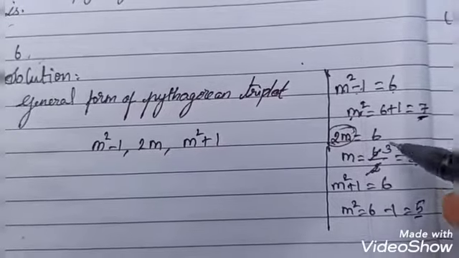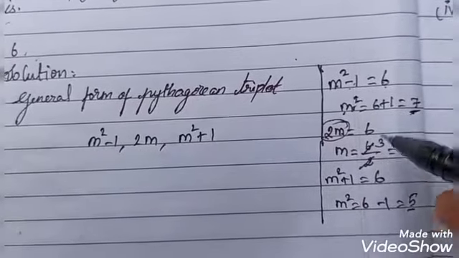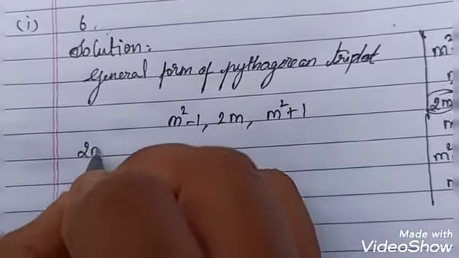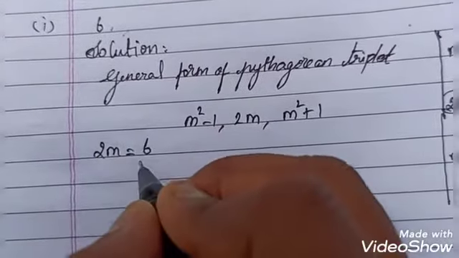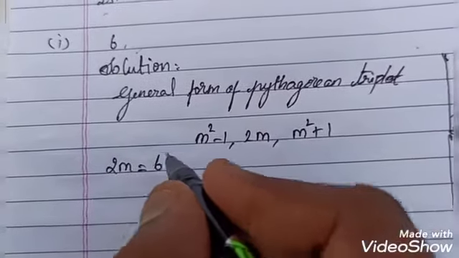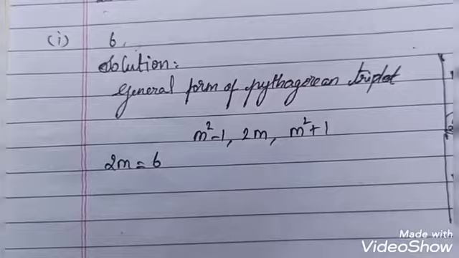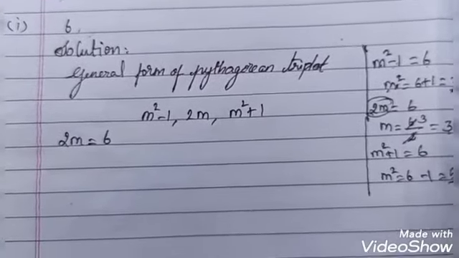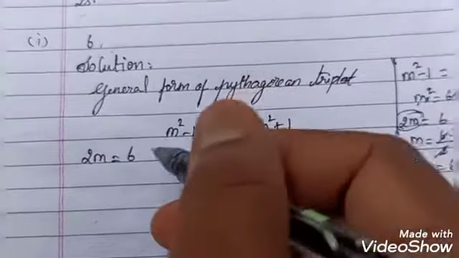So in the rough work column you have to find out which is applicable. First you take 2m equal to 6. You need to write the same step in your main solution also, because for reference you calculate in the rough work column, and after getting the result you copy it here.